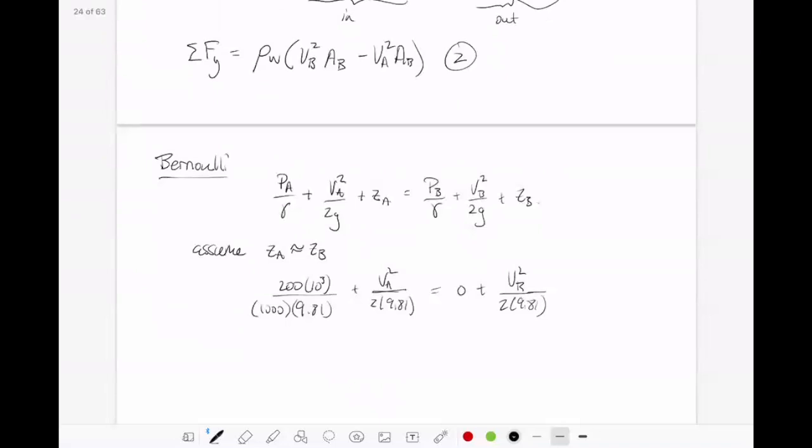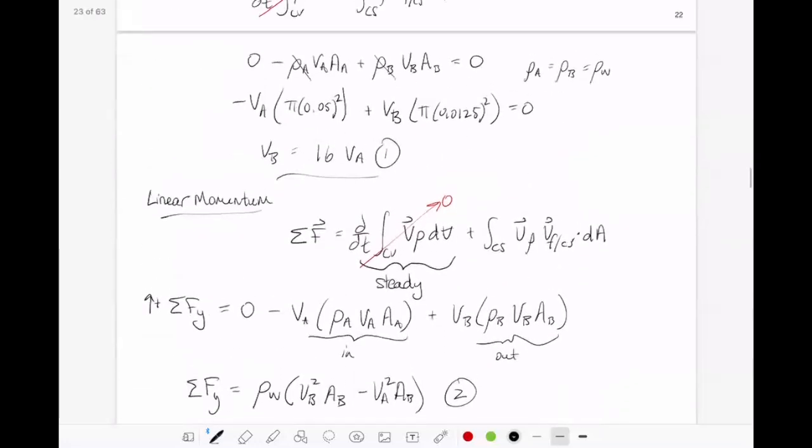So if we simplify this with equation 1, let's call this equation 3. Let's put equation 1 into equation 3.